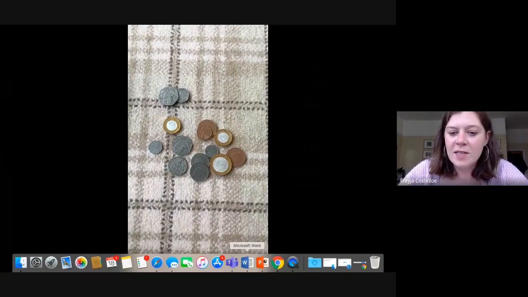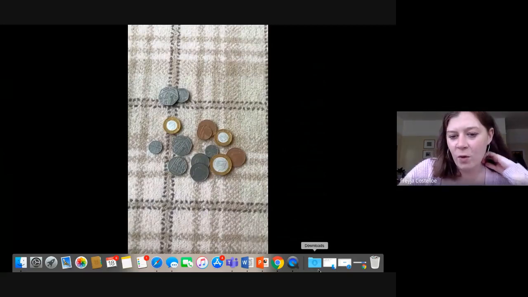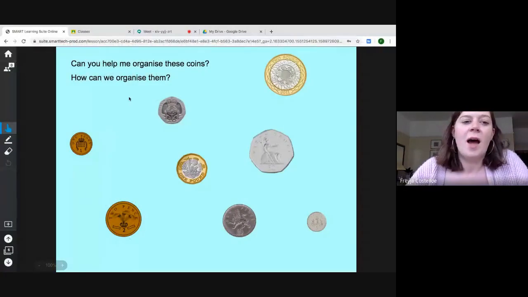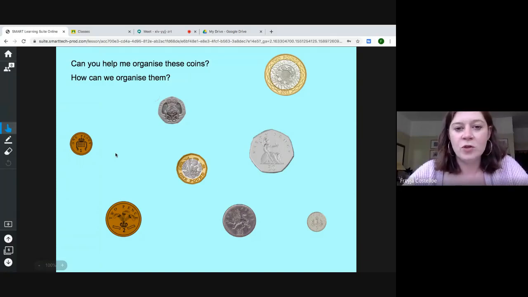Okay, so in that video, I was grouping all of my coins and organising them by looking at their colours, their shape, their value, their size. So if you can get hold of some coins at your house, see if you can put them into some different groups. Okay, I'm going to quickly put these ones into colour.